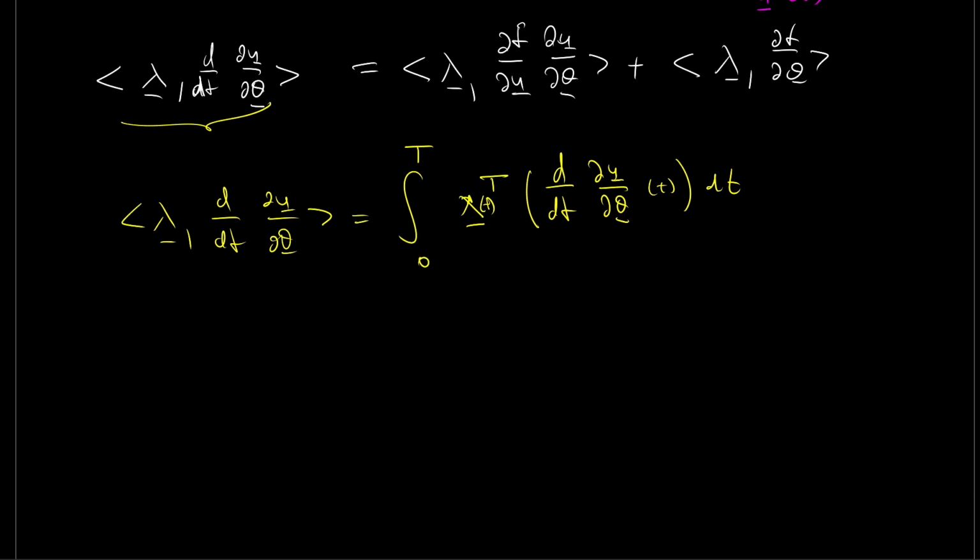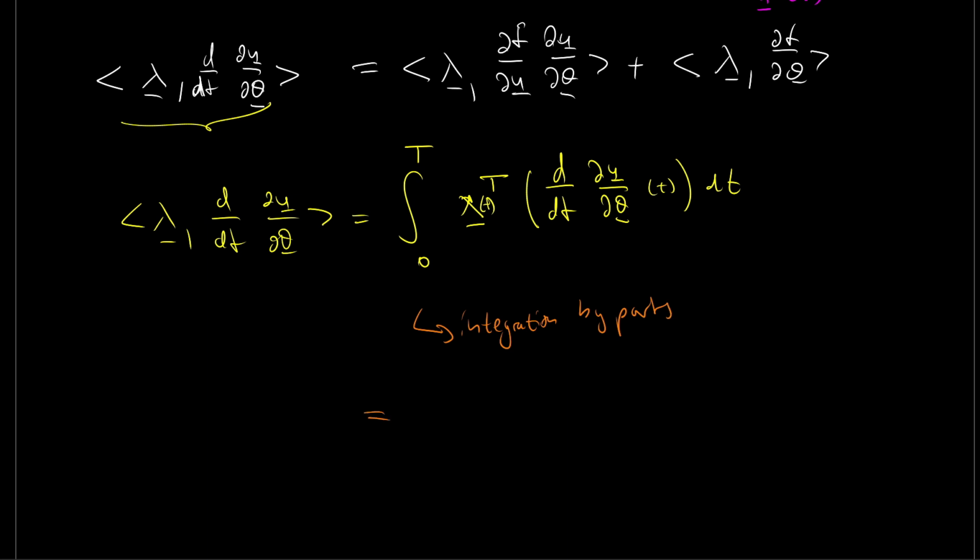And the way in order to move a derivative from the quantity to the other quantity, or in other words also the derivative inside of this integral, is to apply integration by parts, and by this we will move the d/dt over to the lambda.